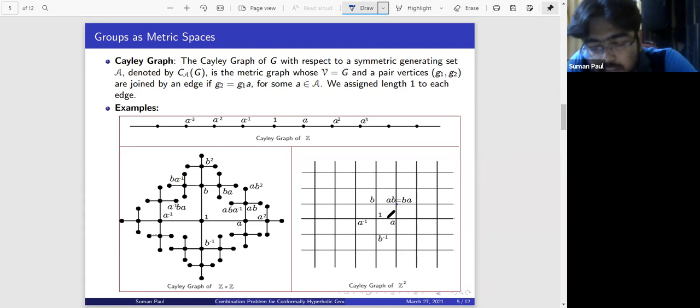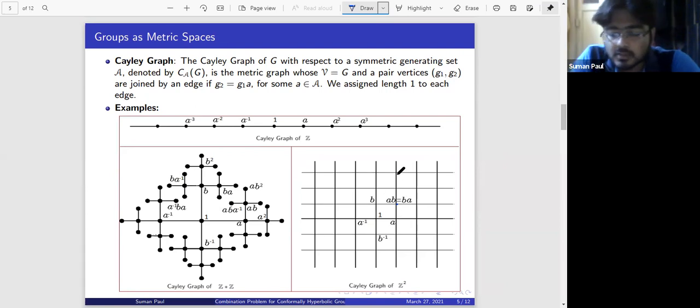So this point is AB. And if I go along this path, then 1, B, and BA. But in this group, there is a commutator relation, that is AB equals BA. That's why these two points are identified, and that's why there is a cycle in this Cayley graph.